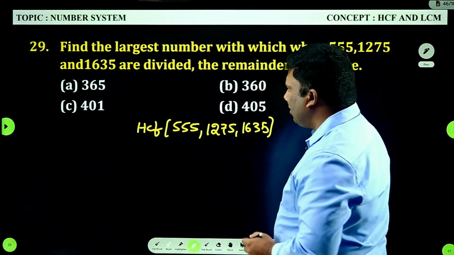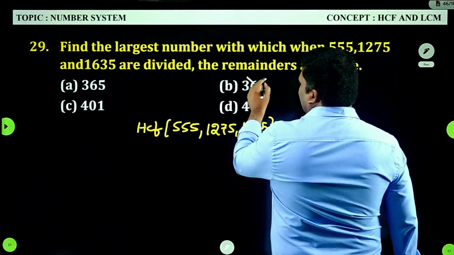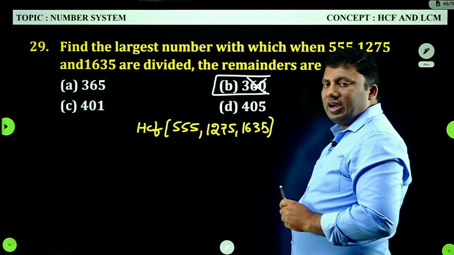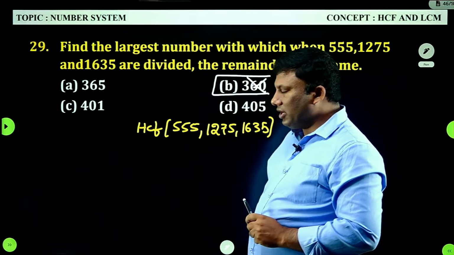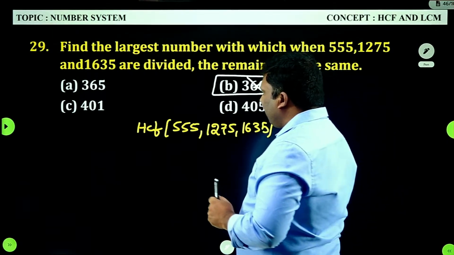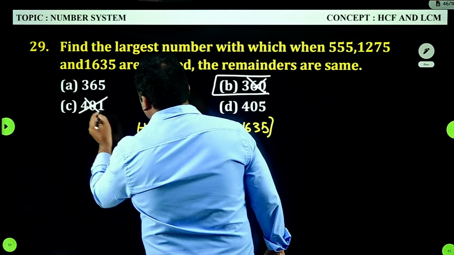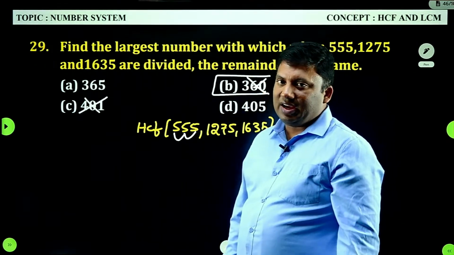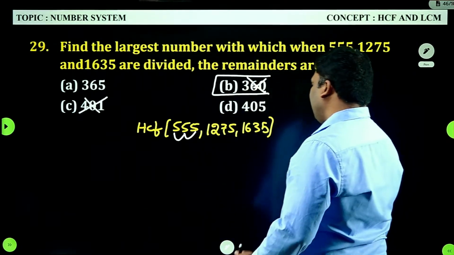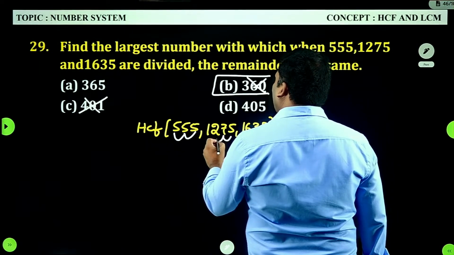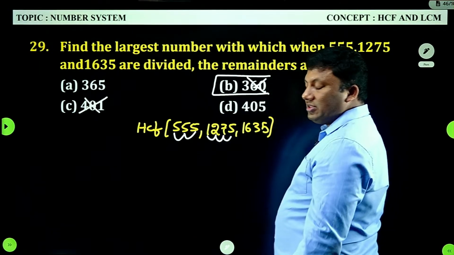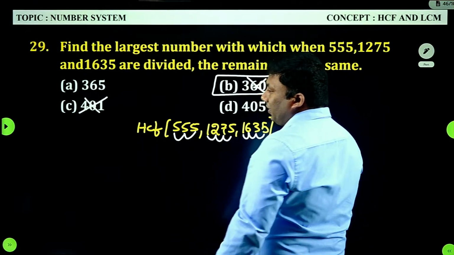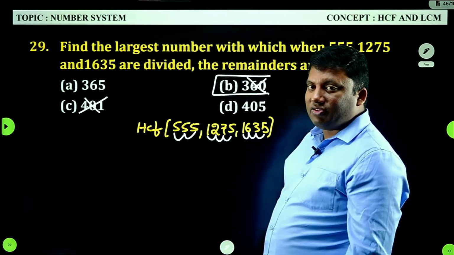Second option is out. If the answer is divisible by 10, all the input numbers should be divisible by 10. Second option is out. Now, 5 plus 5 plus 5 is 15, divisible by 3. 1 plus 2 plus 7 plus 5 is 15, divisible by 3. 1 plus 6 plus 3 plus 5 is 15, divisible by 3.